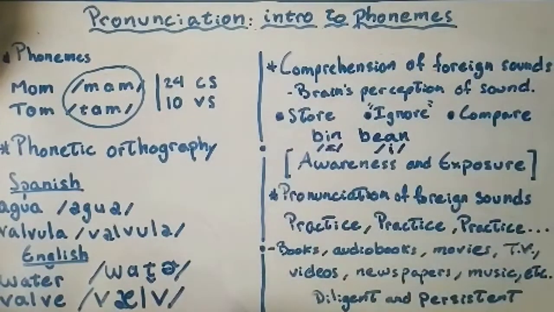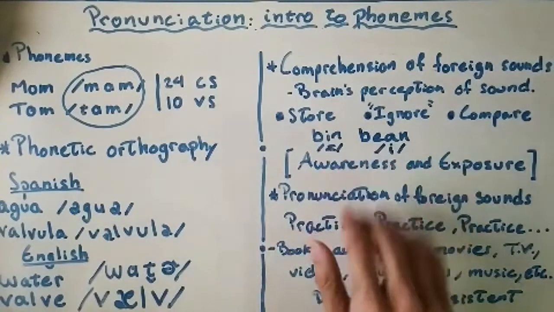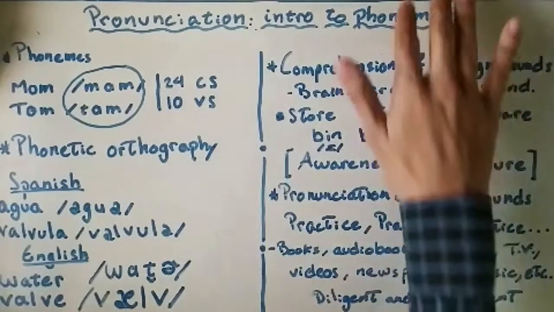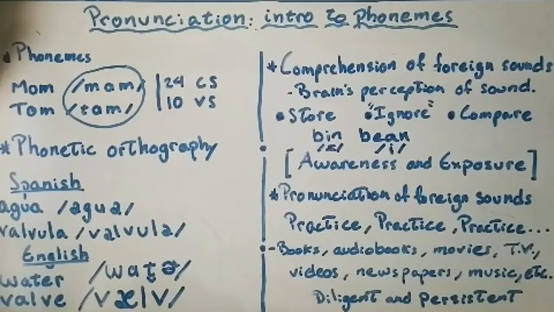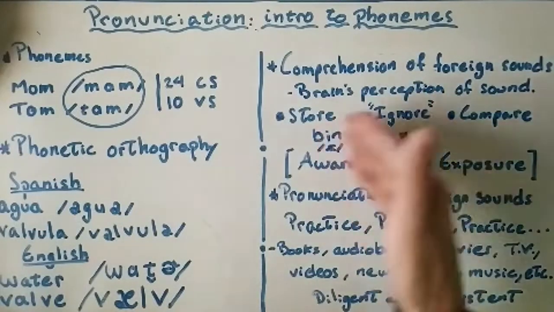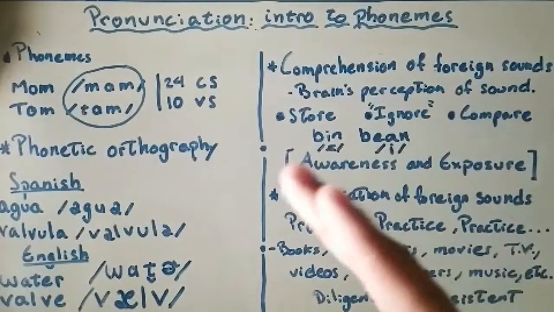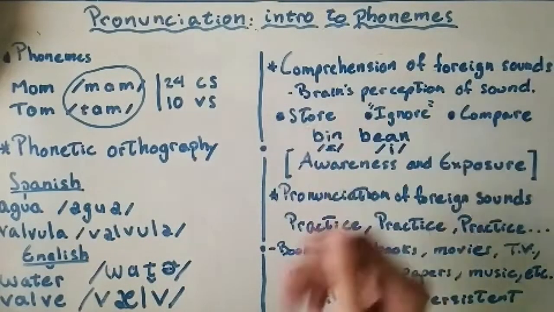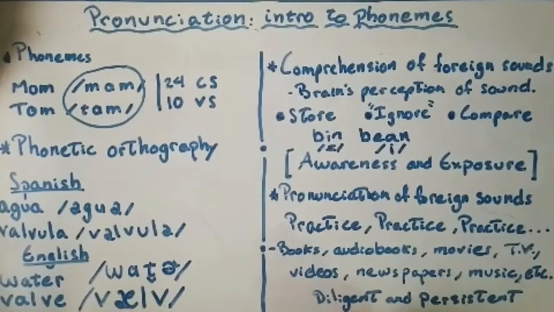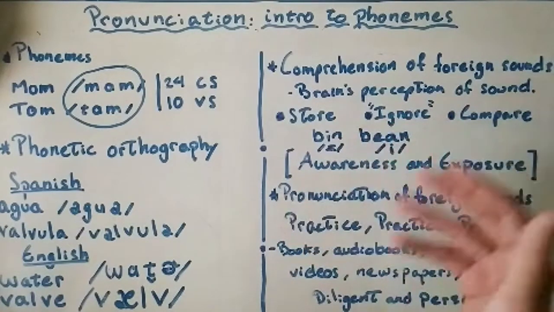So how do we fix this problem? Well, very simple. It is all about awareness and exposure. That is why we're using phonemes, because maybe you're not hearing it, but once you're shown, in a scientific way, that yes, these two sounds are not the same, and native speakers recognize these sounds and hear you mispronounce them, and also your teachers and other non-native speakers that have practiced a lot with these phonemes know that you're mispronouncing these words.